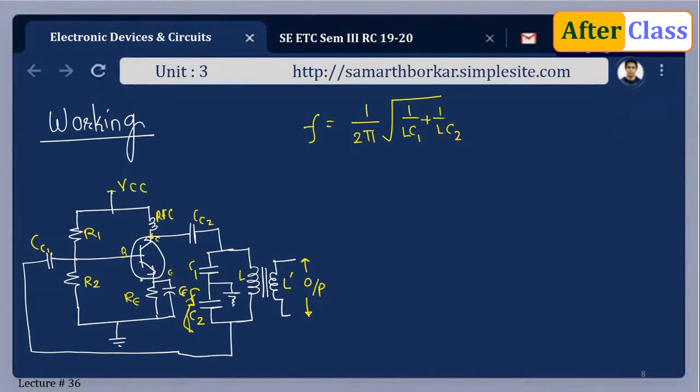Of course the amplified output in the collector circuit is of the same frequency as that of the oscillatory circuit. The frequency of all these signals has to remain the same.